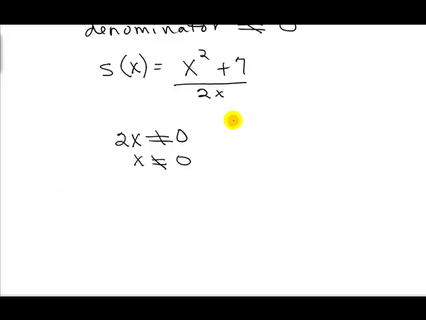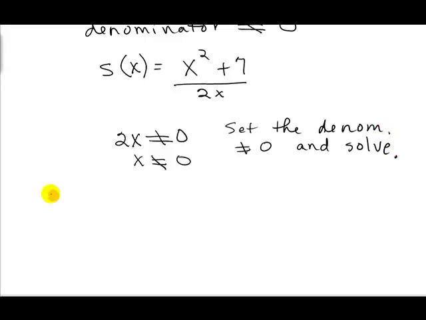So what we did here is we're going to set the denominator not equal to 0, and solve. Our answer form is going to be a little bit different.